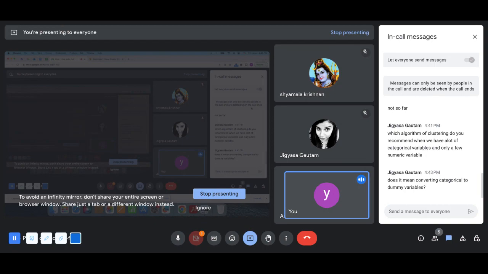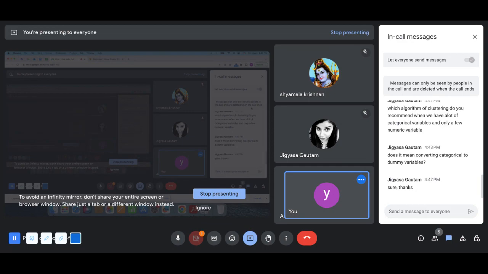But coming to clustering, I don't have a clear answer unless you have domain knowledge of the data. If you don't have any more questions, we can stop, or I can answer if you have questions.